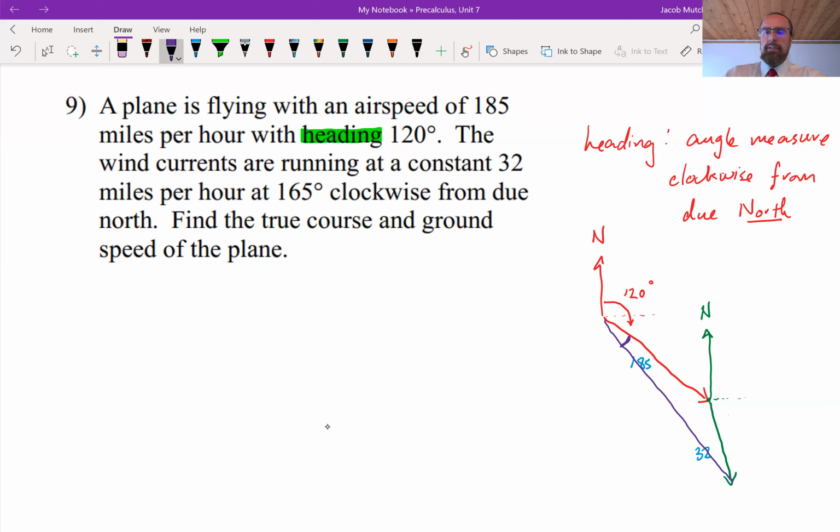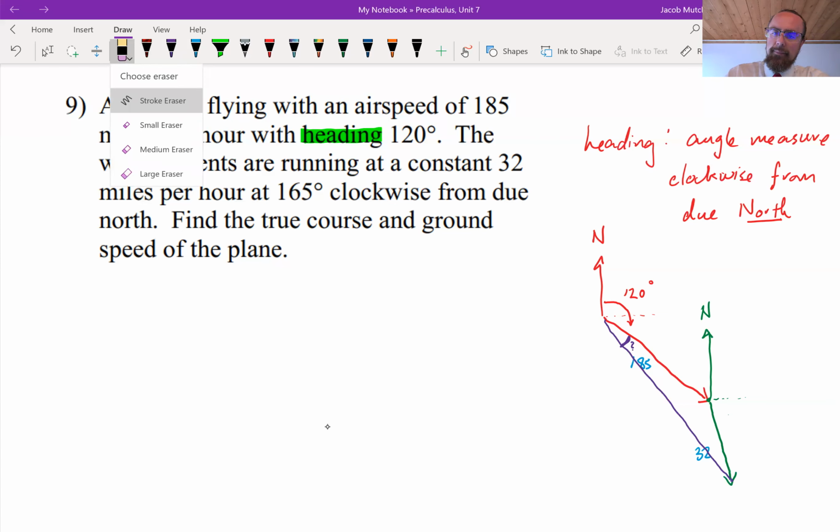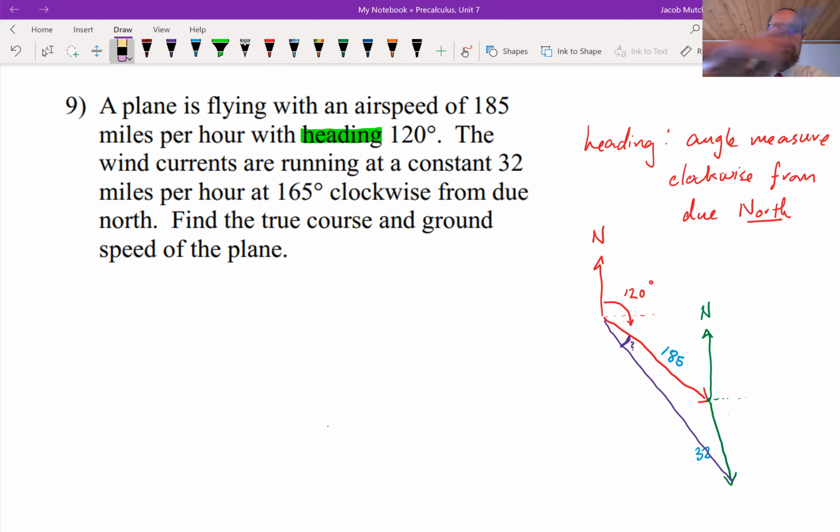Just to mark what we've got again, the 185 is for the red line. Let me make sure that's showing up best. I'll mark it right there, 185. And the 32 is for the green line. We're trying to find the magnitude and the angle for the purple line.